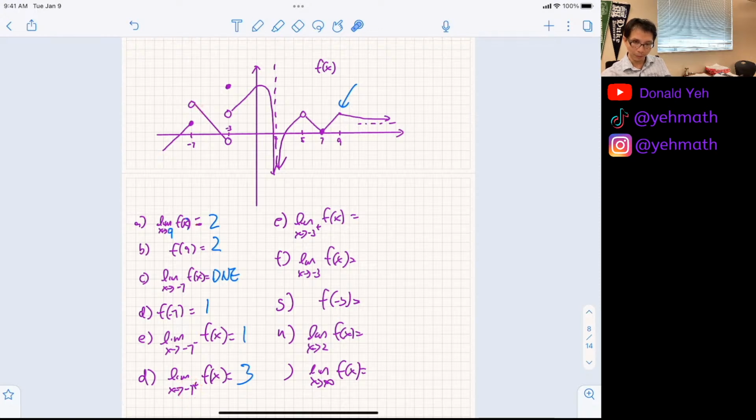Okay, how about negative 3 from the positive side? Brandon? Negative 3 from the positive side. 2 is perfect. Good job. Limit as x approaches negative 3. Samantha? Sorry.